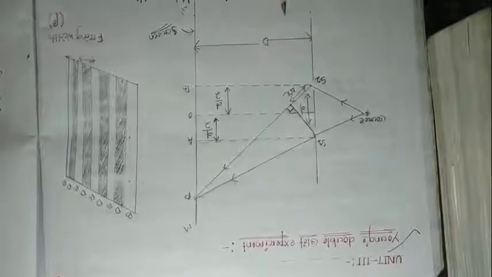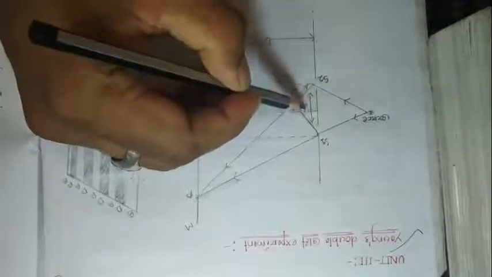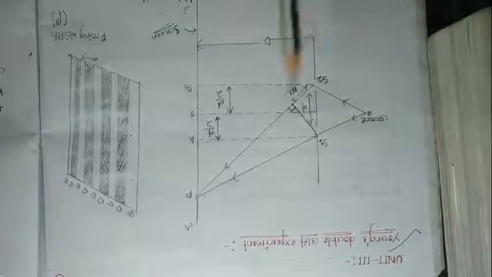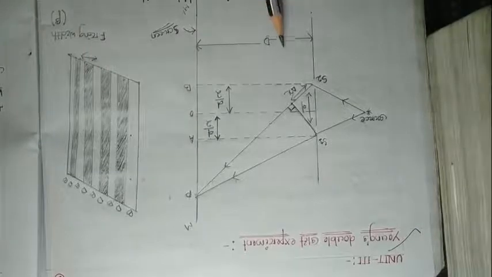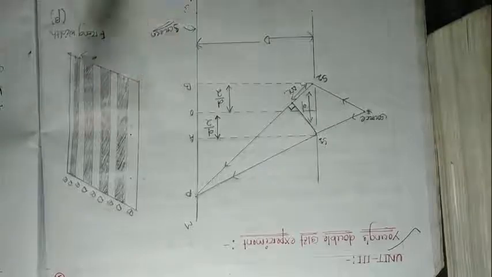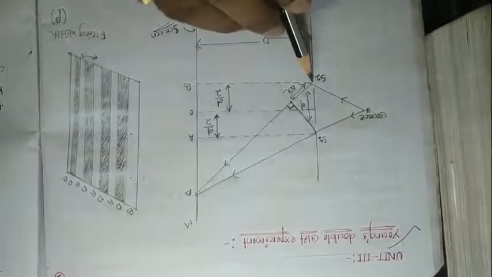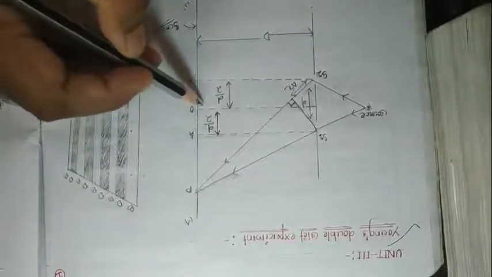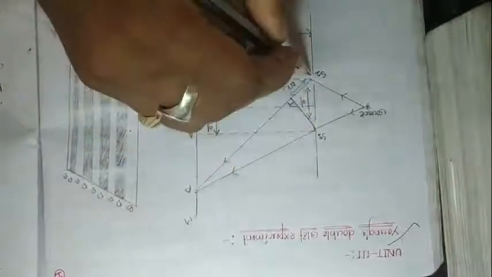Here let these two sources be separated by a distance small d, and the distance between the slits and the screen be capital D. If we draw perpendiculars from S1 and S2 onto the screen, that is A and B, then AO will be d by 2 and OB will be d by 2, because the distance from S1 to S2 is d.